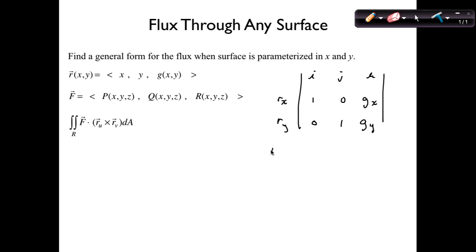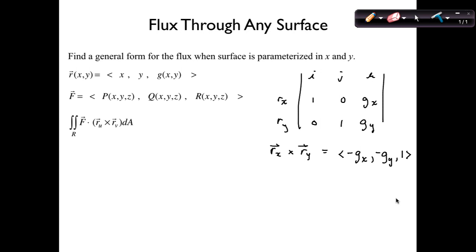So Rx cross Ry is going to be the opposite of gx, the partial of g with respect to x, the opposite of gy, and 1.